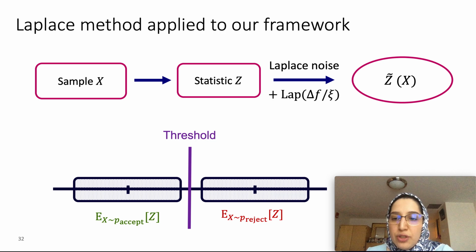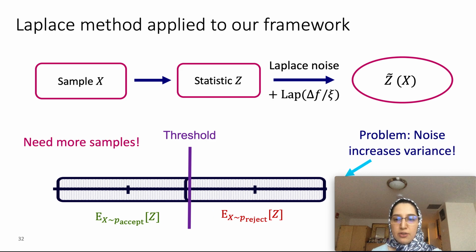So we can take this mechanism and apply it directly to our problem. We have sample x, and the statistic z is a function of the input x, and we just add the Laplace noise and get z tilde, which is a noisy and private version of z, and we can use that as our new statistic. The problem is that when we add this Laplace noise, the concentration that we used to have previously is completely destroyed.